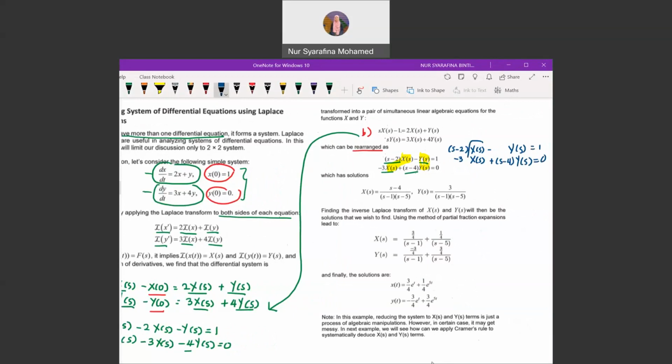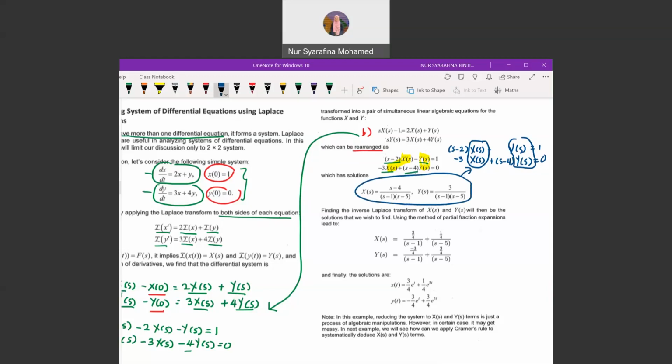As you can see, we have arranged it in terms of a system of X(s) and Y(s), which has a solution. How can we find this? We can find this by solving the system of differential equations simultaneously.